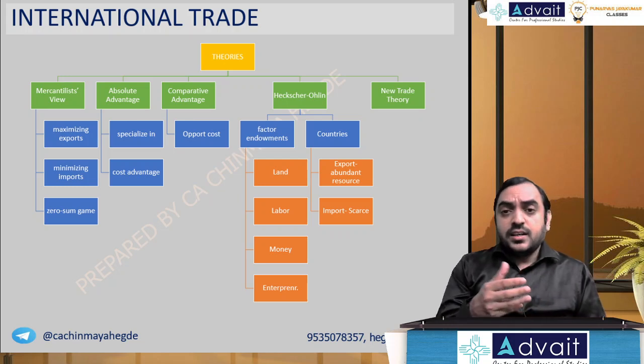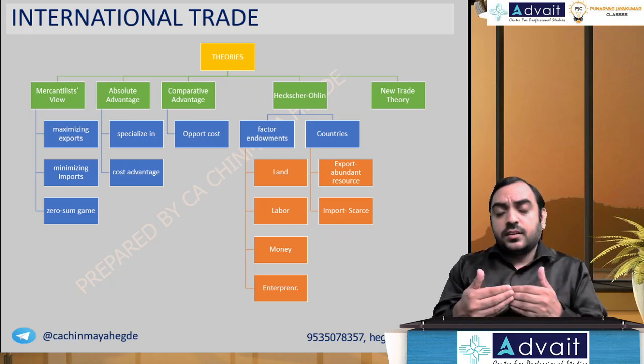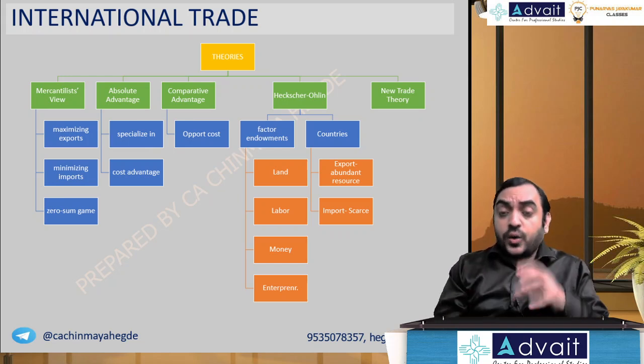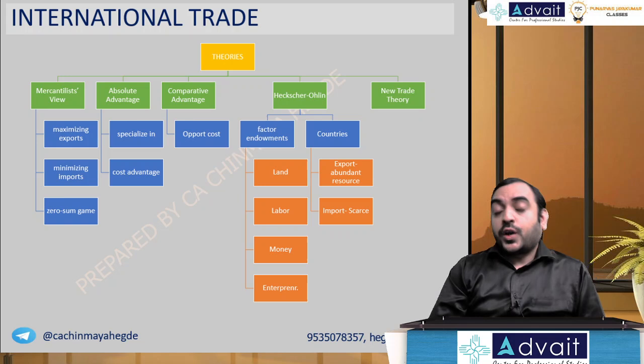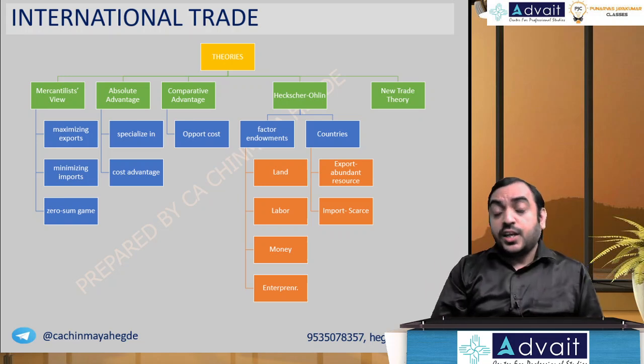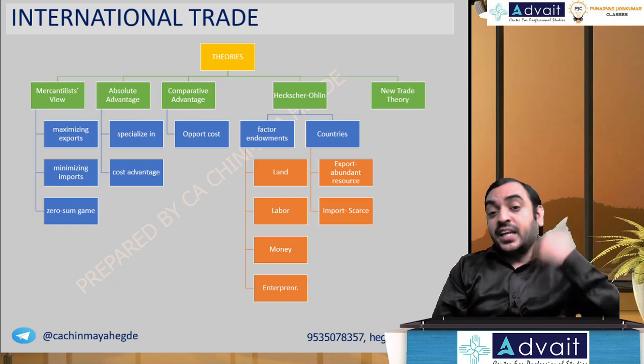India is a manpower rich country, or India has an advantage in labor intensive products, whereas US is a capital intensive country, so they will have more capital intensive products.